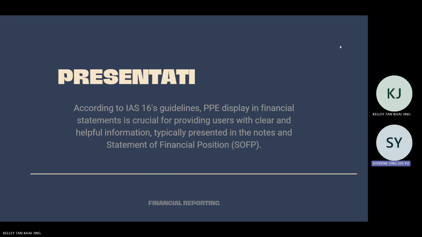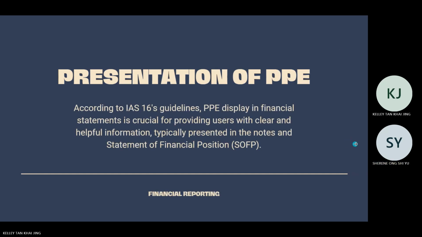Next is presentation of PPE. According to the IAS 16 guideline, its display in the financial statements is crucial for providing users with clear and helpful information. It is typically presented in the notes and the statement of financial position.